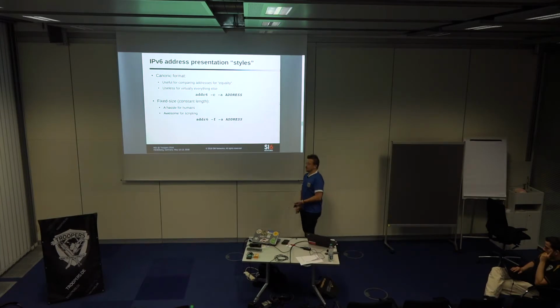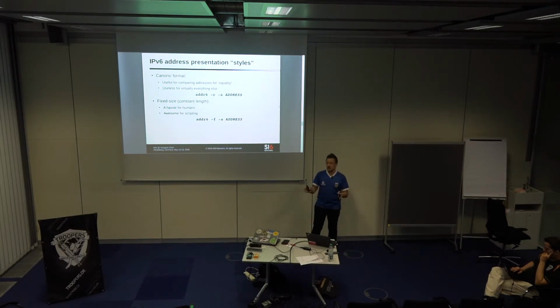But it turns out that for other stuff, like when you are scripting, it's actually very painful, because if you want to, for example, analyze an address as a piece of text, as opposed to in binary format, that compressed format obviously makes it very painful.